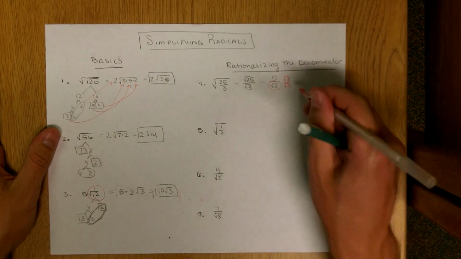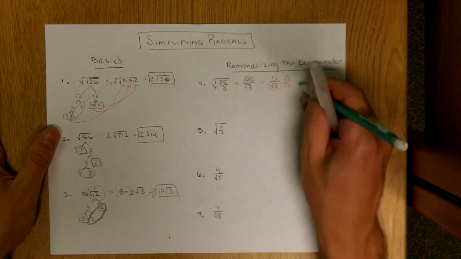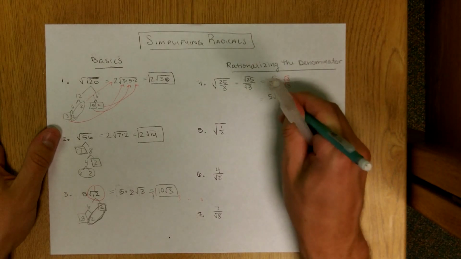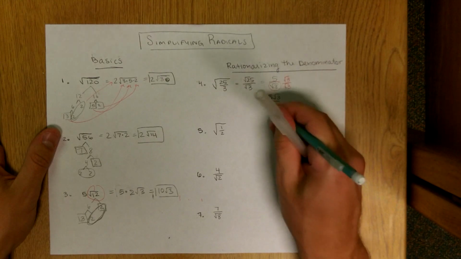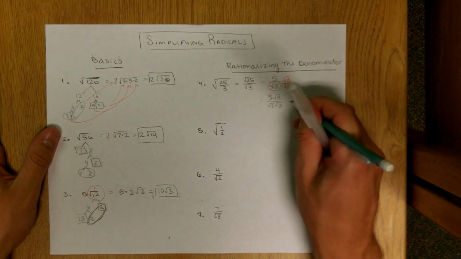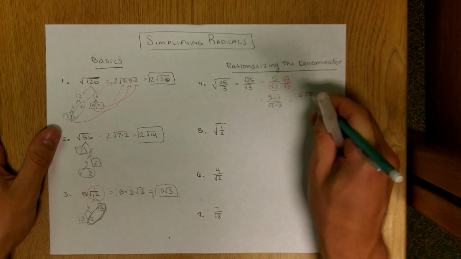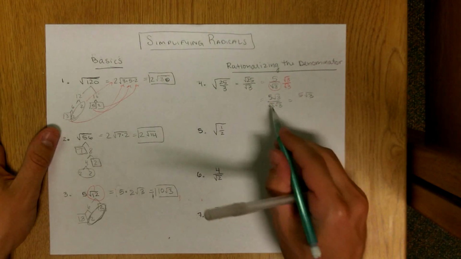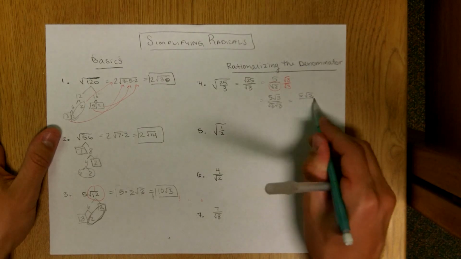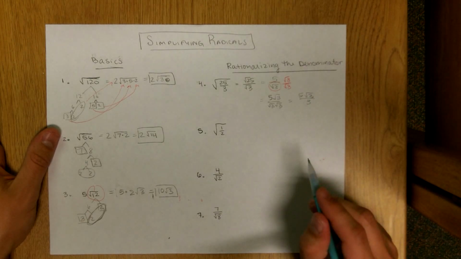What's going to happen is we're going to take 5 times the square root of 3, square root of 3 times the square root of 3 in the denominator, and the neat thing about that is when you take a square root of some number times the square root of that very same number, you're just going to get that number out.